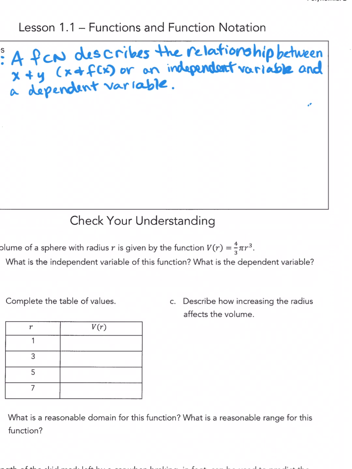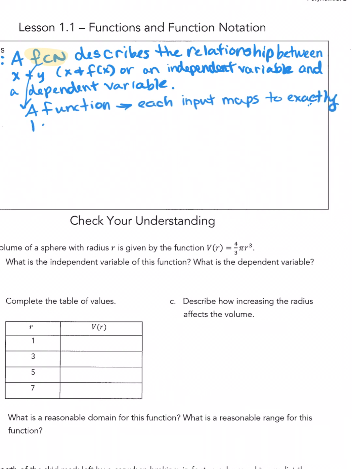All right. Now, if it is actually a function, this is important. What is the definition of a function right here? Each input maps to exactly one output. In other words, for every x, there's exactly one y, right? All right.